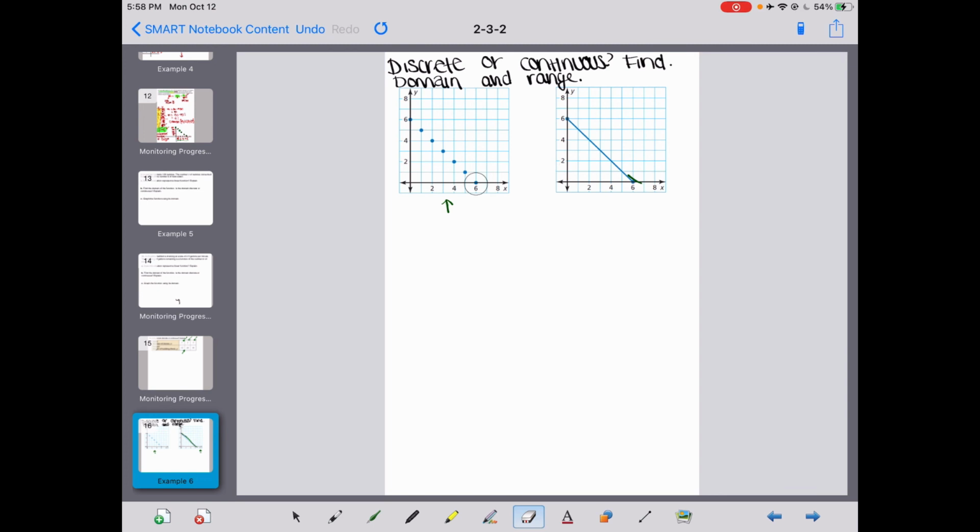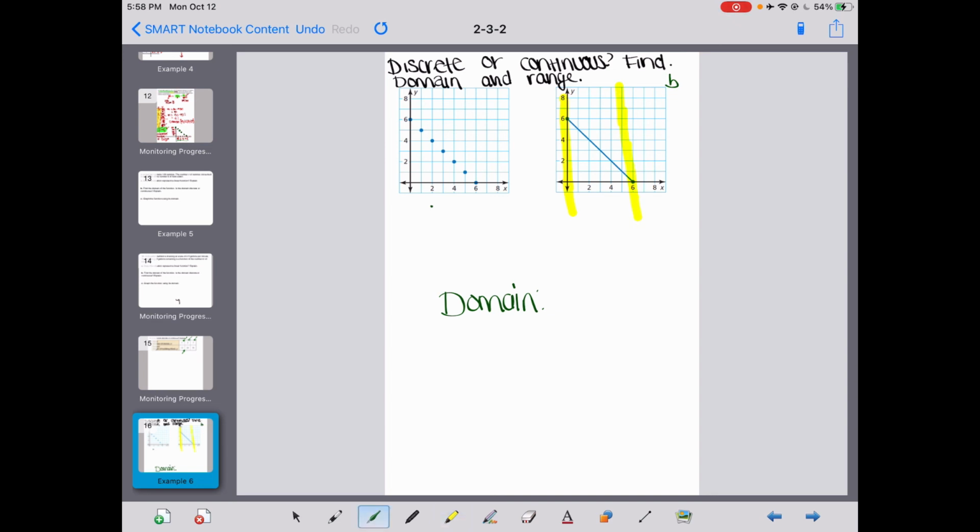Okay. Let's try the domain for B again. We've done this before. So remember, the domain of continuous functions requires you to look at all the possible x values. So we're looking at those numbers, but we're blocking it off to the leftmost part of the graph and the rightmost part of the graph.